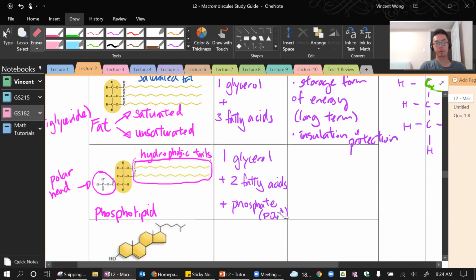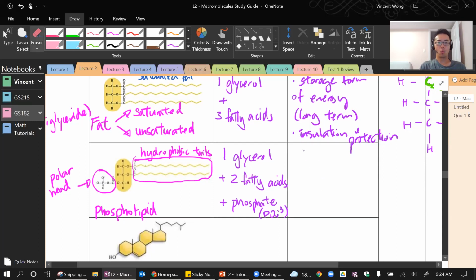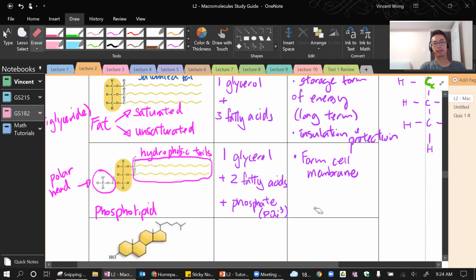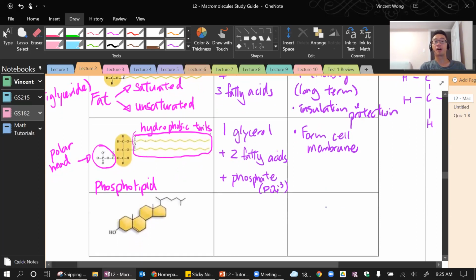You might remember learning that in chemistry. What do we need the phospholipids for? Well, one function is to form cell membrane. Cell membrane is what surrounds your cells. It separates the living environment on the inside of the cell from the non-living environment on the outside. So that's the function.